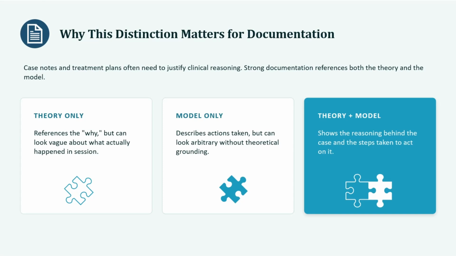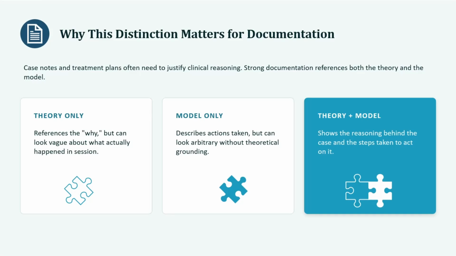Why does this distinction between theory and model matter for your documentation? The distinction isn't just academic. It shows up directly in your documentation. If you make a case note that only references theory, it can look vague about what actually happened in the session.